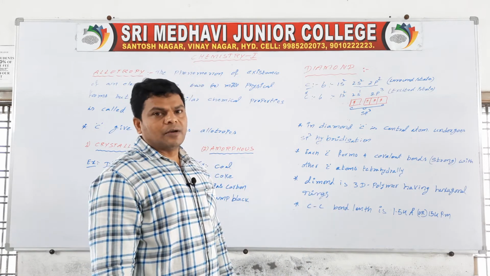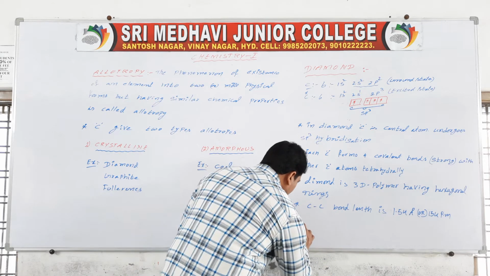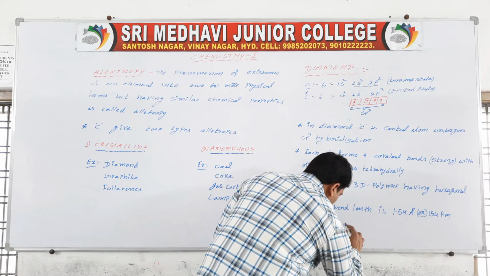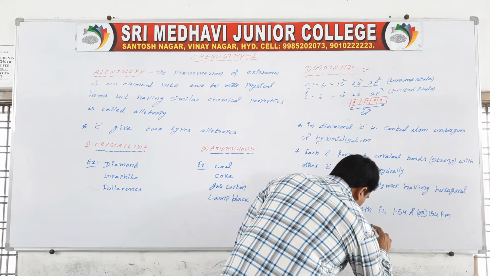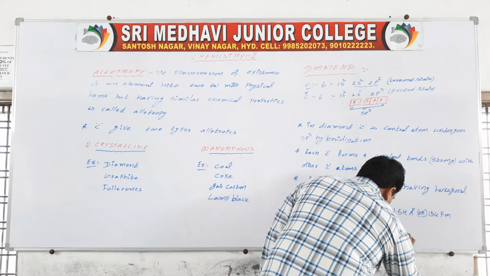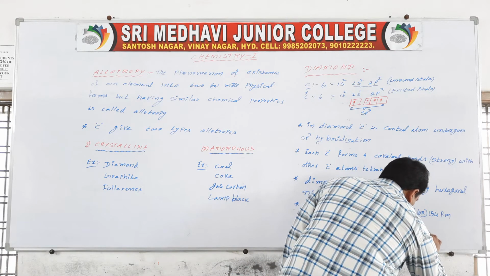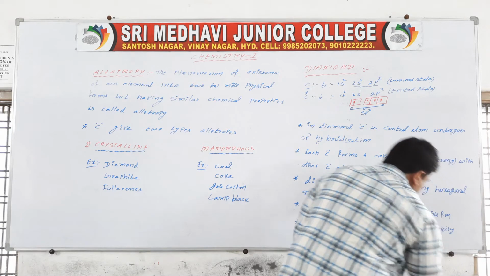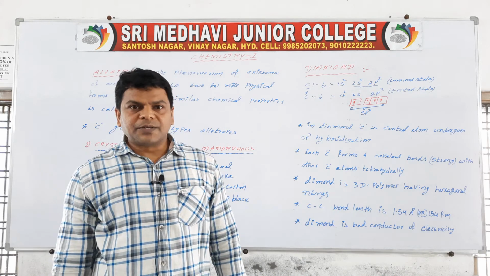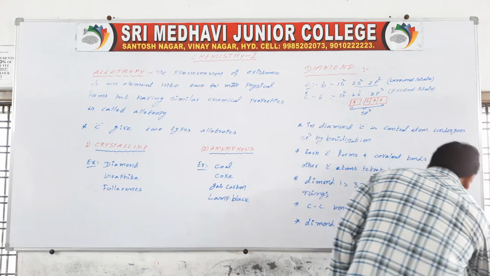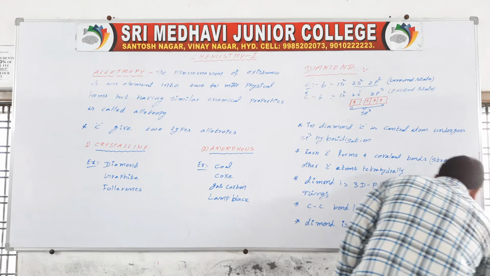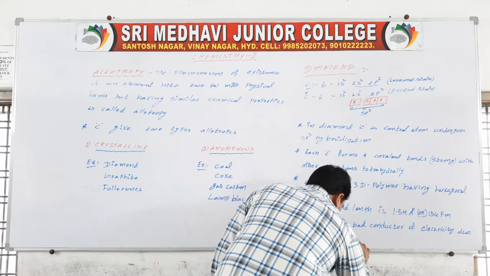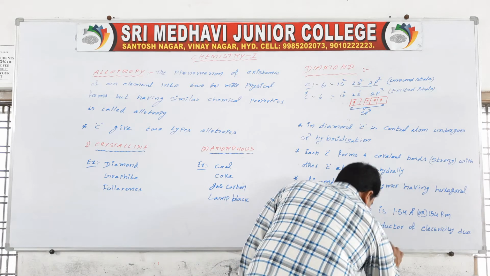Diamond is a bad conductor of electricity due to absence of free electrons.